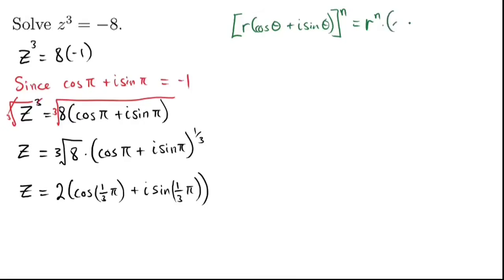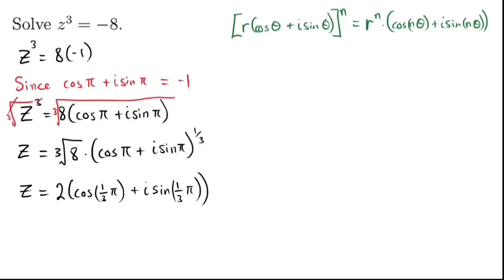So I'll have cos n theta plus I sine n theta. Now in this case, our n value is simply 1/3, and our theta was pi. So I'm saying 1/3 multiplied by pi, hence we have this expression.